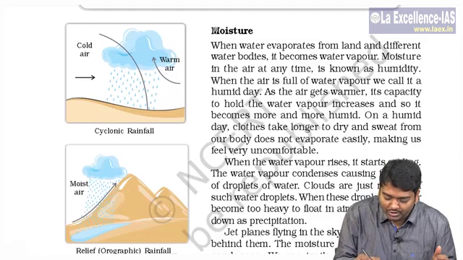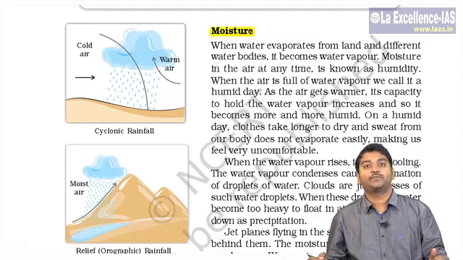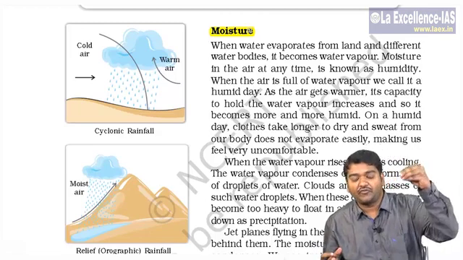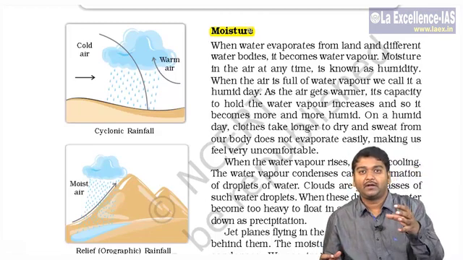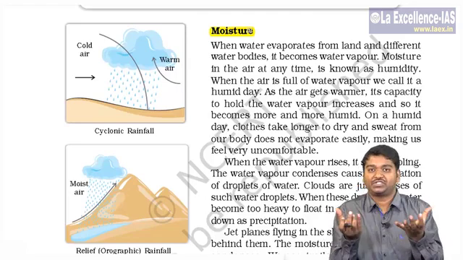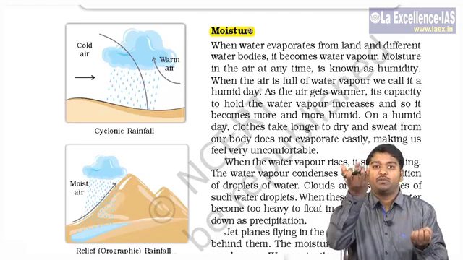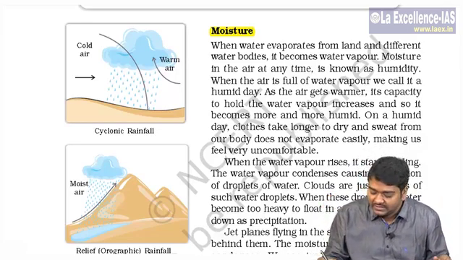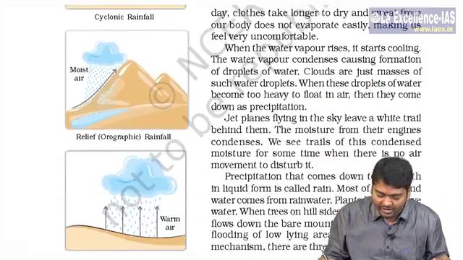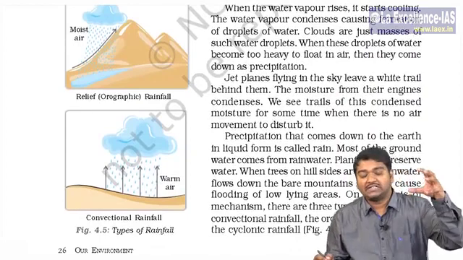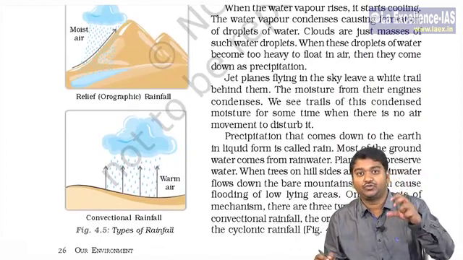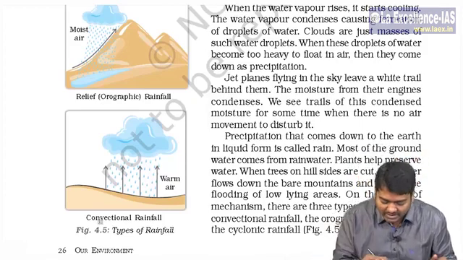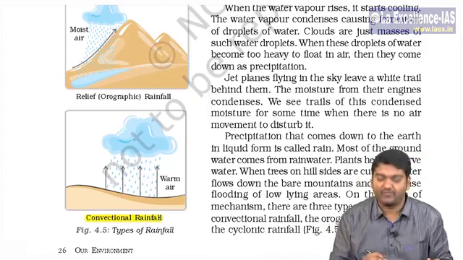Then the most important concept is about moisture or rainfall. You all know that when the sun's rays fall on the water, it evaporates and becomes moisture. And as it moves above, it condenses and gives rainfall, correct? This particular way of sun's heat leading to rainfall, because the air is rising above and giving rainfall, is called convectional rainfall.